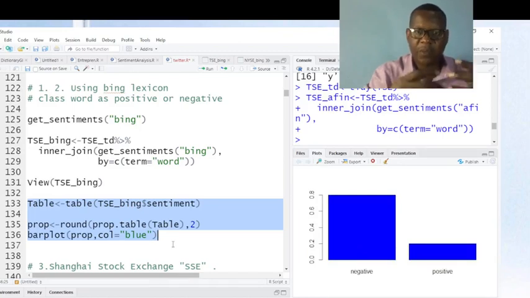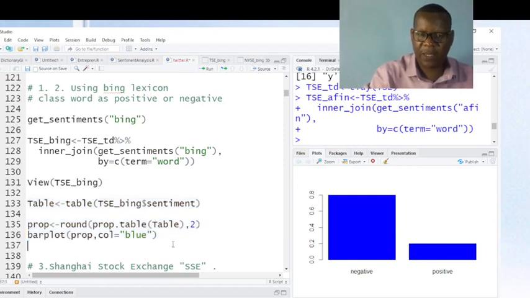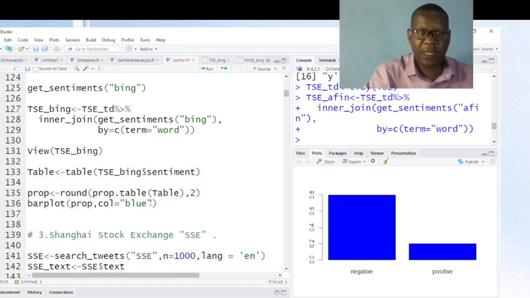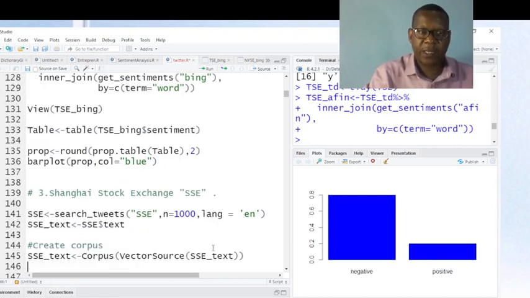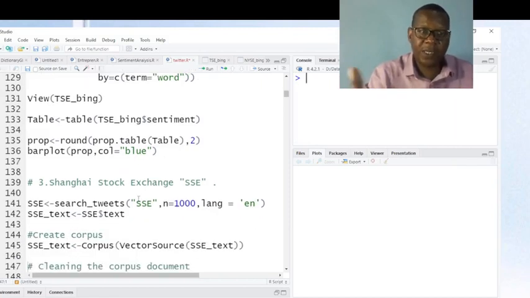But in terms of importance, as the mean is positive, they are assigned a lower score. That's why the mean is positive. That means, using this Bing lexicon, the number of negative words is greater than the number of positive words.